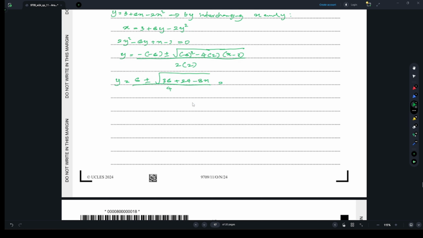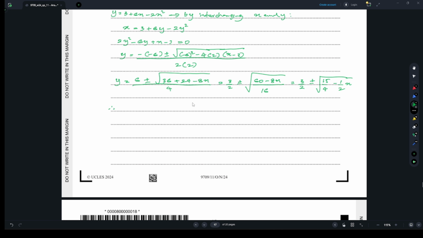So 6 divided by 4 is 3 over 2 plus or minus. And here inside also I'm going to divide. So here we have 60 minus 8x divided by, so 4, when 4 goes inside, then it becomes 16. So I can write 3 over 2 plus or minus the square root of 15 over 4 minus half x.